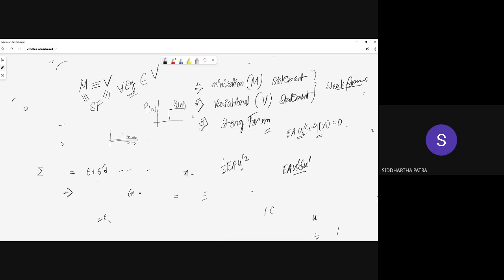So if you're looking at the set of all functions for a possible solution, then these three statements are exactly equivalent of one another.